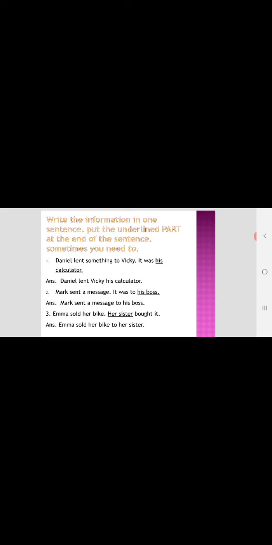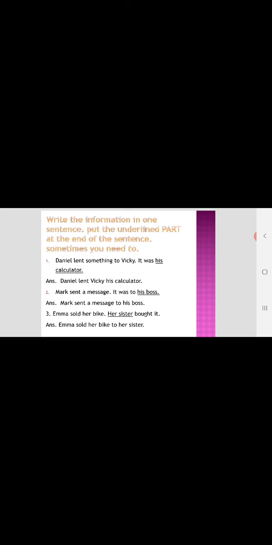So if the underlined part is direct object, we will not use to. If the underlined part is indirect object, then we will use to, because we have read if direct object is at the end of the sentence, then we do not use to. If indirect object is at the end of the sentence, then we use to.